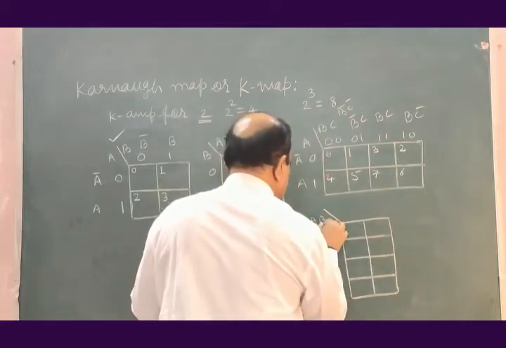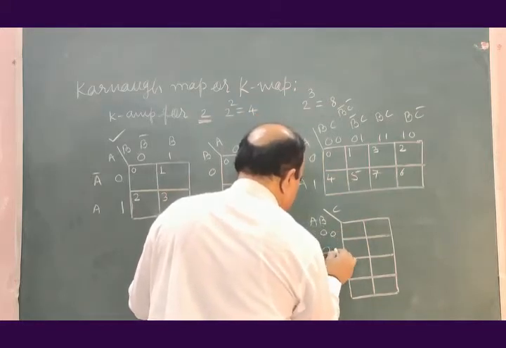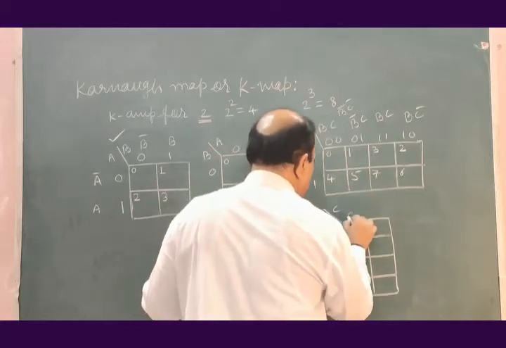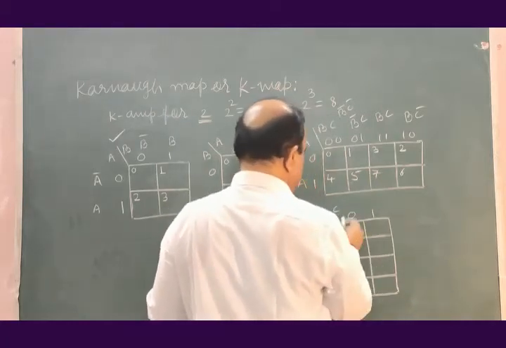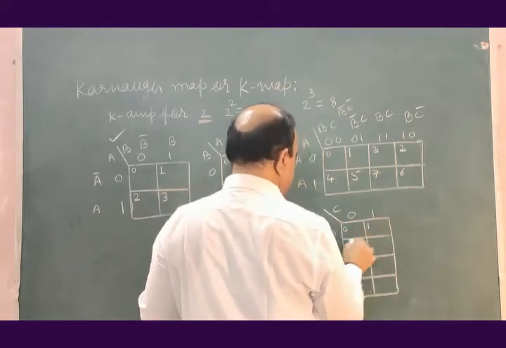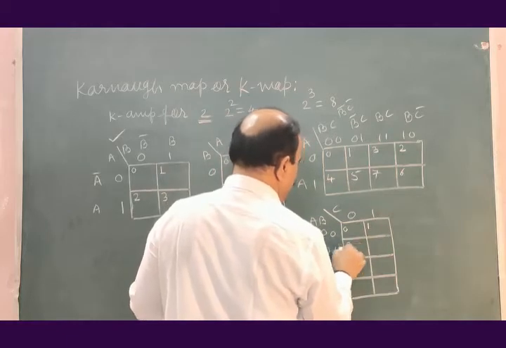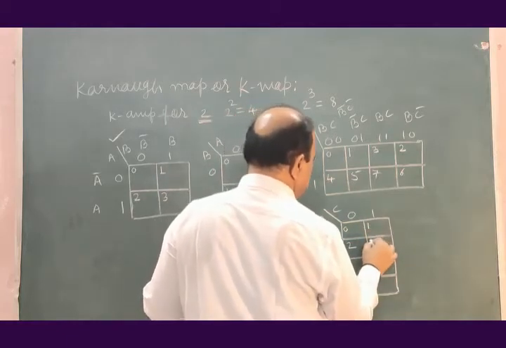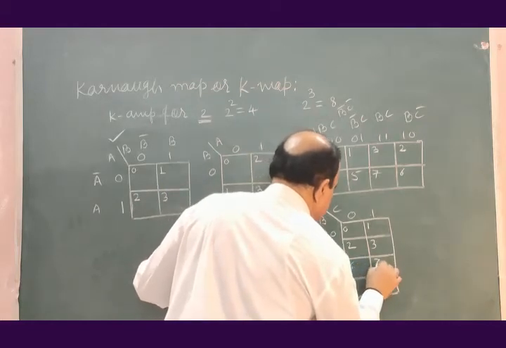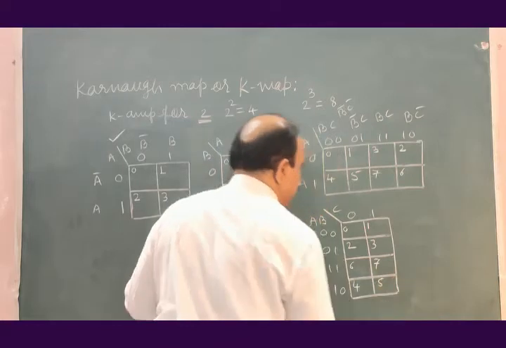A, B, C, 0 0 0 1 1 1 1 0, 0, 1. A, B, C, this is 0, 0, 0, 1, it is 1; 0, 1, 0, it is 2; 0, 1, 1, it is 3; it is 6, it is 7, it is 4, it is 5.